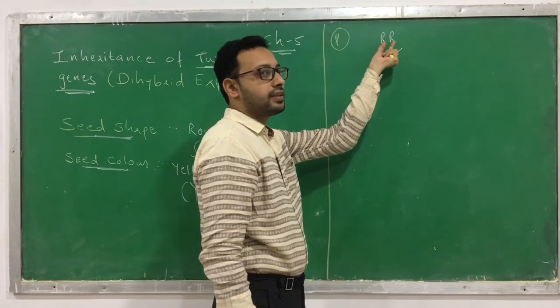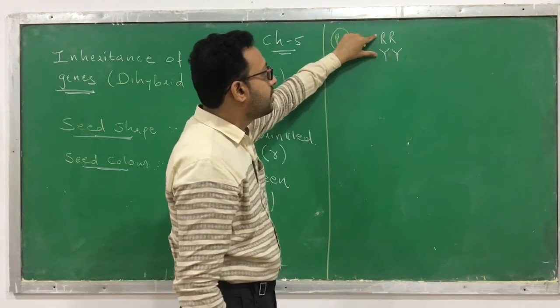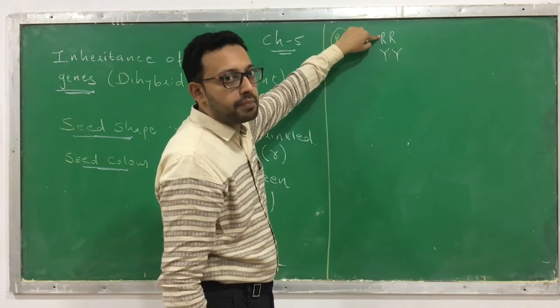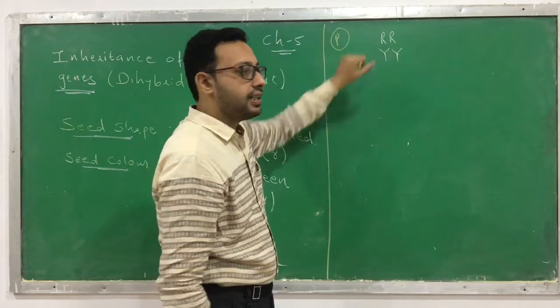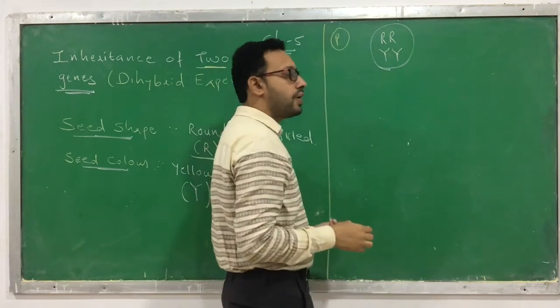So this is a pair, and this is also a pair. But here we are considering two characters, so two genes: one is seed shape and the second is seed color. So this first parent is RRYY.